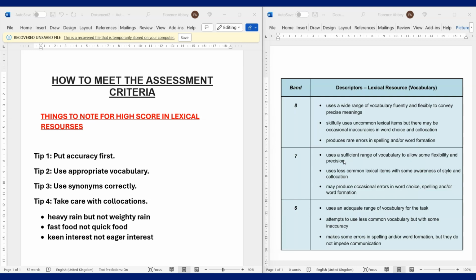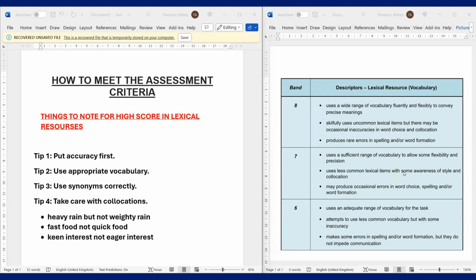It's not about the big words. You are using different words to mean the same thing, but you are flexible in your writing, such that you are not repeating the same word all the time, or the formation that you are doing is not repetitive. The person uses less common lexical items, which are less common vocabularies, with some awareness of style and collocations.